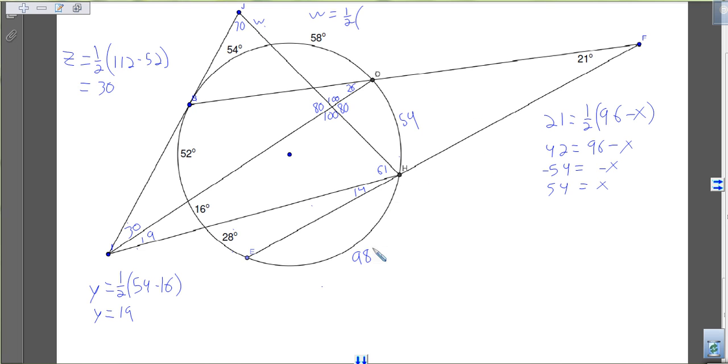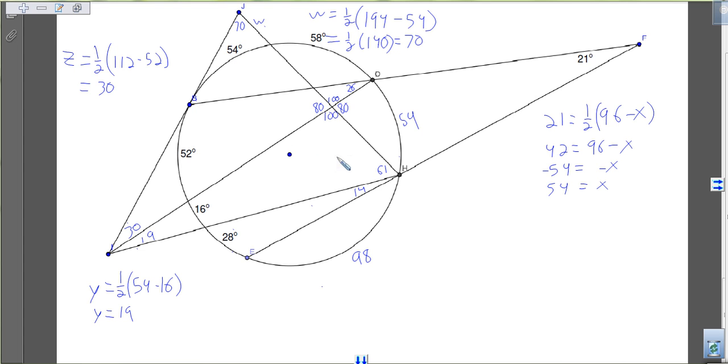That is 98 plus 28 plus 16 plus 52, which is 194, minus the smaller one, which is 54, and we get half of 140, excuse me, which is equal to 70, which is what we got before.